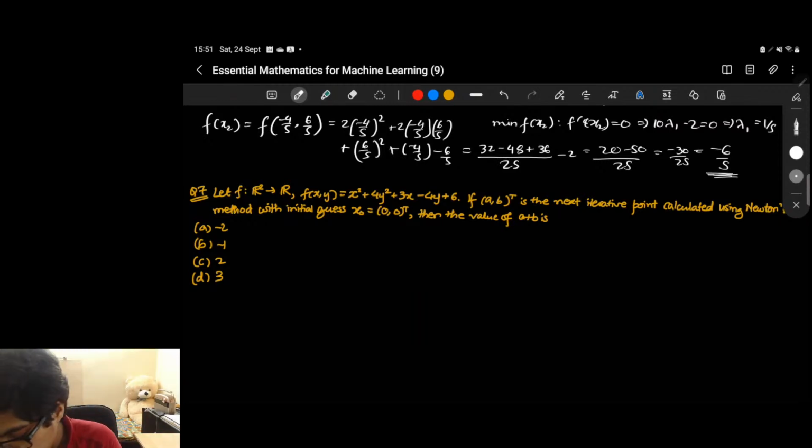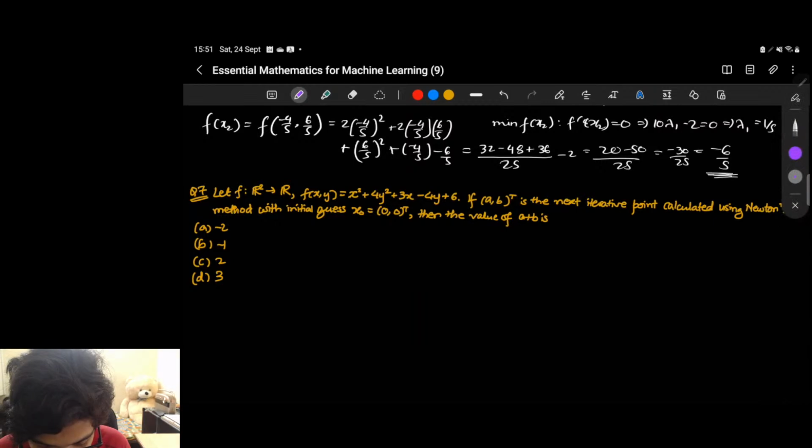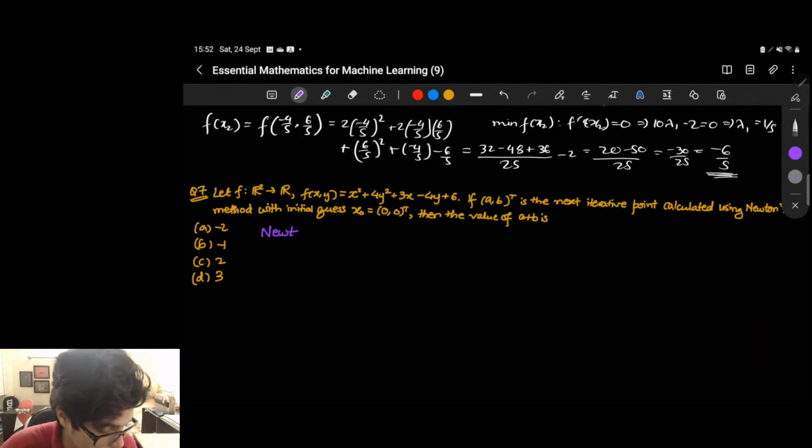Just like we used the steepest descent method to find the minimum value of a function, Newton's method is used to find the zero of a function, the root of a function, so to say.